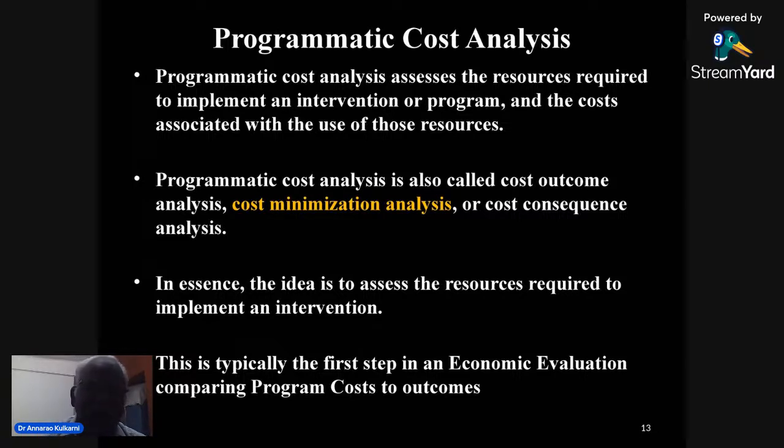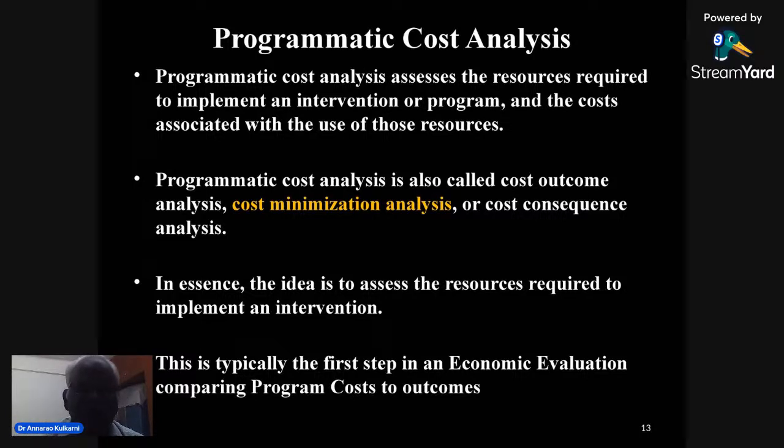So the difference between these two is that programmatic cost analysis assesses the resources required and the cost of those resources for only one program, and here we will reduce the costs by eliminating costs which are not essential for that particular program. That is how it is cost minimization.